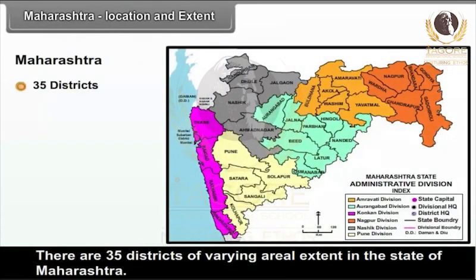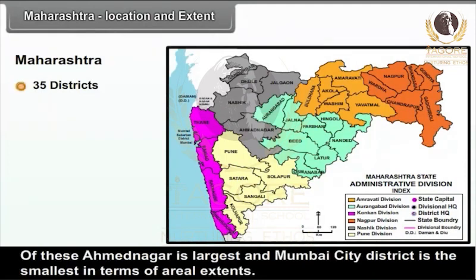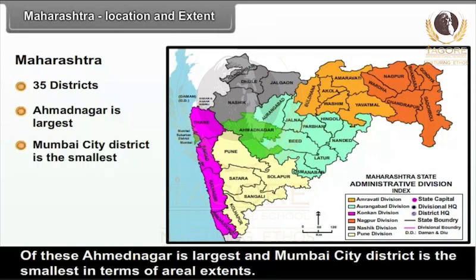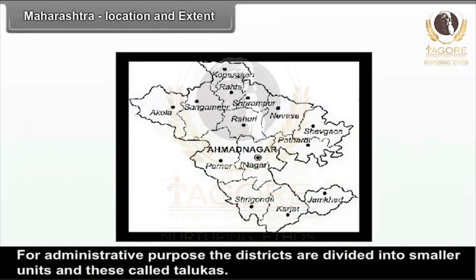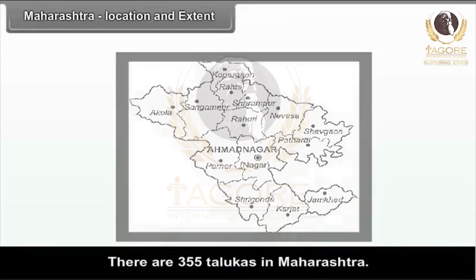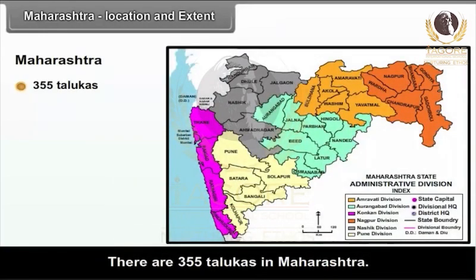There are 35 districts of varying areal extent in the state of Maharashtra. Of these, Ahmednagar is the largest and Mumbai City district is the smallest in terms of areal extent. For administrative purposes, the districts are divided into smaller units called talukas. There are 355 talukas in Maharashtra.